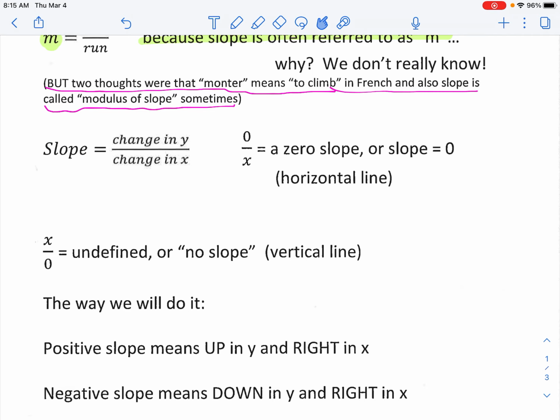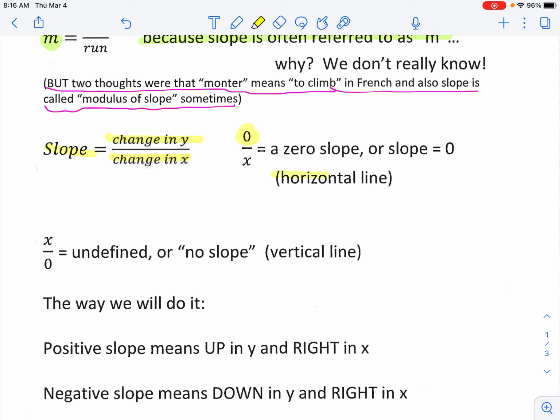All right. So remember from what we learned the very first day is that slope is equal to the change in y over the change in x. So if you have no change in y, if the next point on your line does not go up or down, you're going to have a horizontal line.